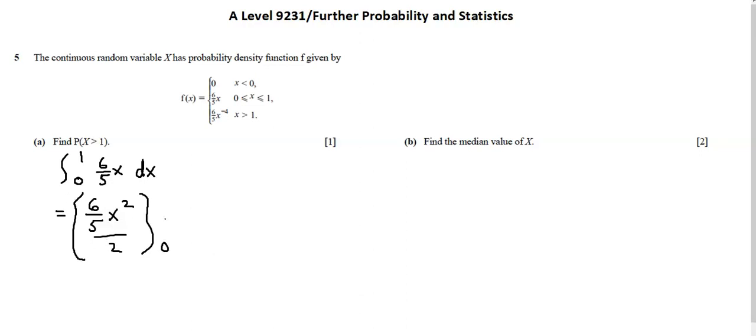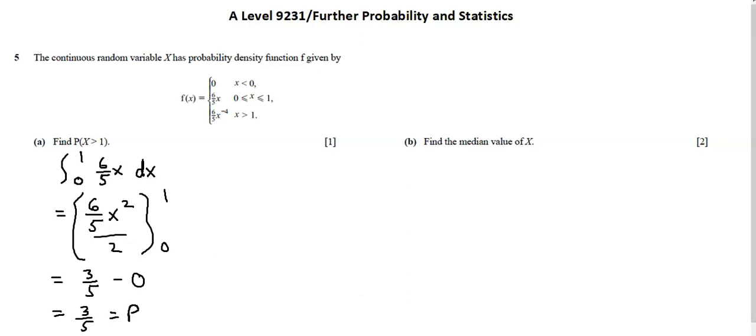This is the range 0 to 1. My values input give me 3 over 5, that's with an input of 1 into the x, minus 0, with an input of 0 into the x, which equals 3 over 5.